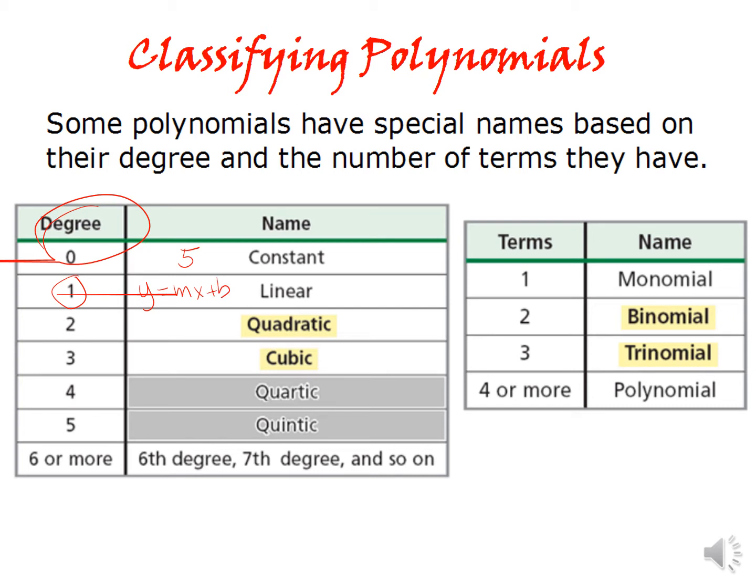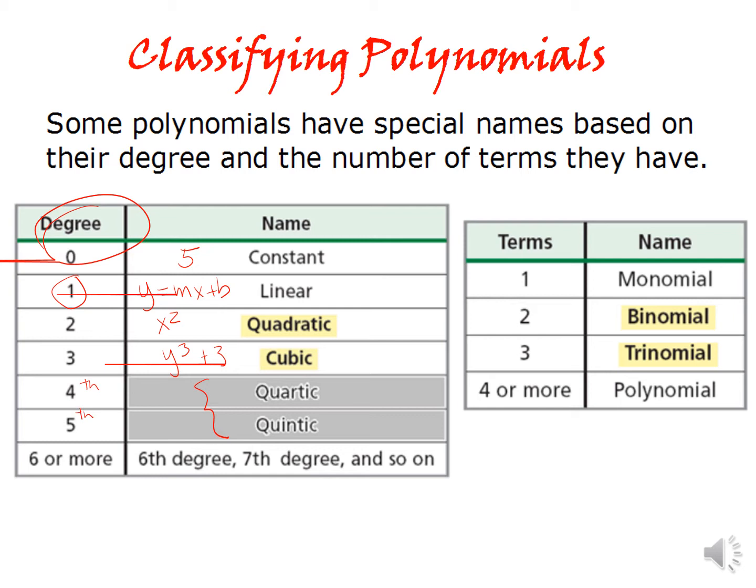We're going to be learning all about quadratics coming out, but that would have any kind of a combination where the highest exponent is a 2, and this one, the highest exponent, would be a cube. So it could have a bunch of other numbers, but the highest exponent is 3. We don't usually memorize the quartic and the quintic. You can just say it's a 4th degree, 5th degree.